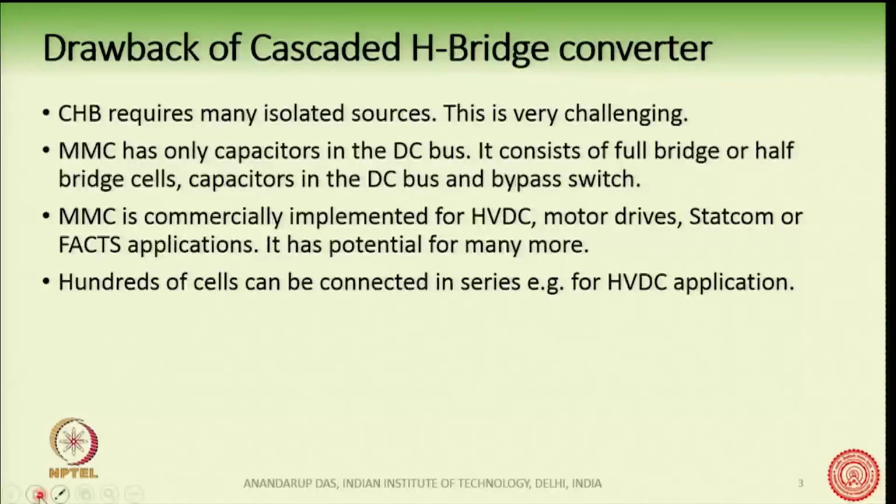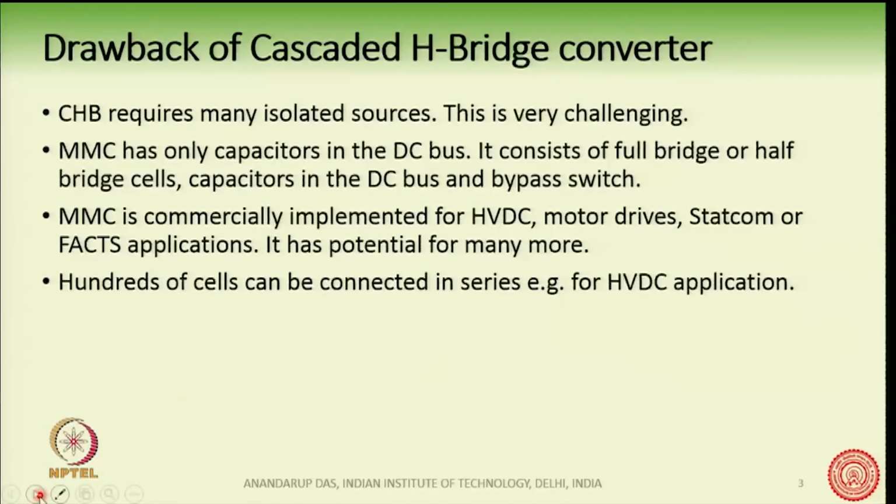Before we go into the MMC, let us first understand the drawback of the cascaded H-bridge converter. As we studied earlier, the cascaded H-bridge converter has many advantages and very unique features.